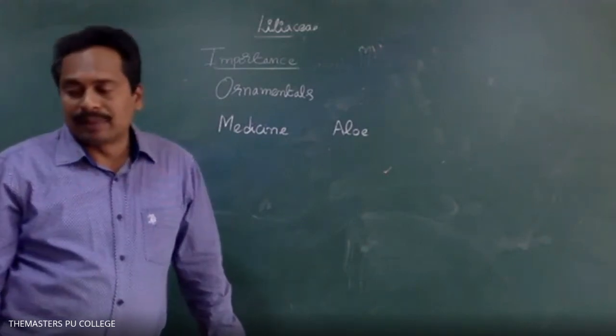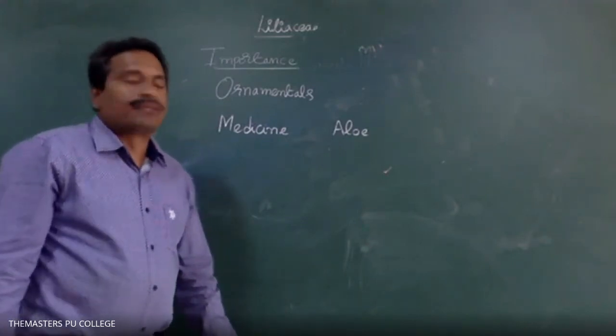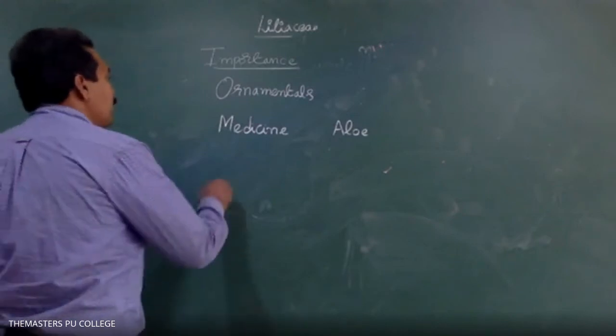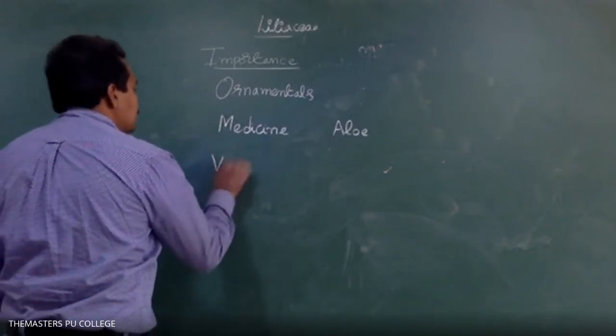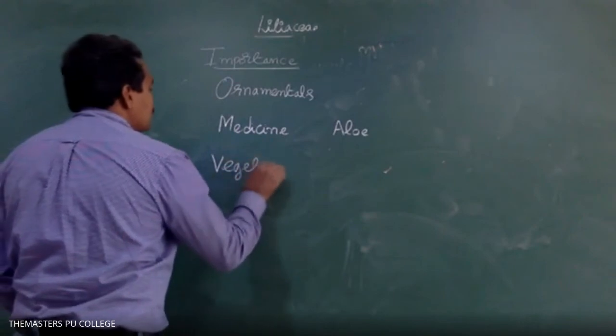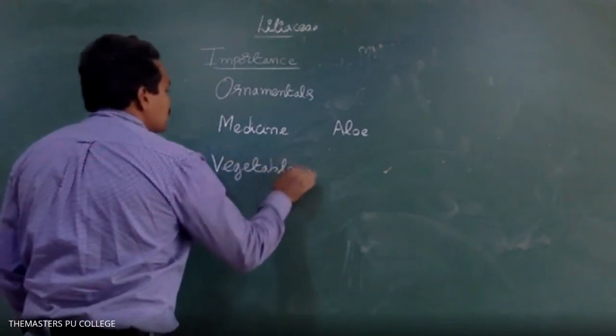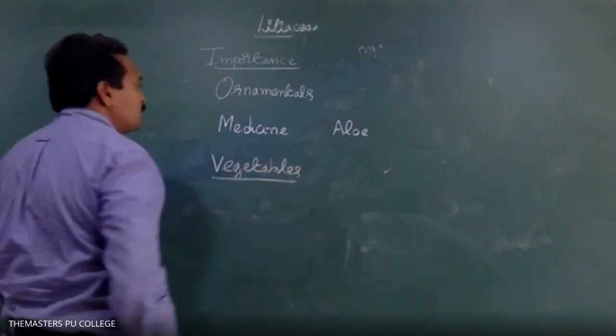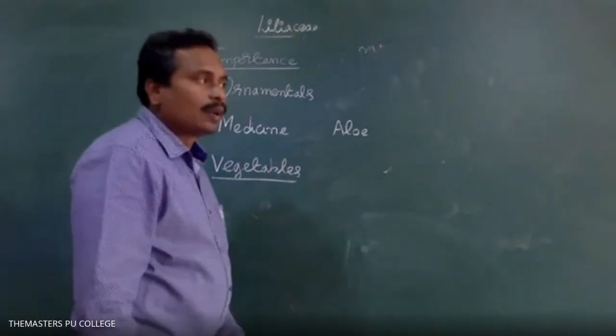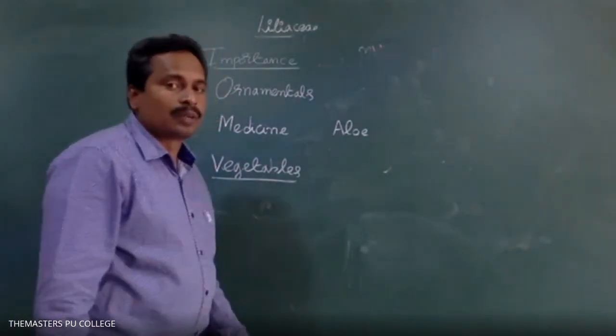Some of the Liliaceae family plants are used as vegetables, such as asparagus. We already learned about root modification.